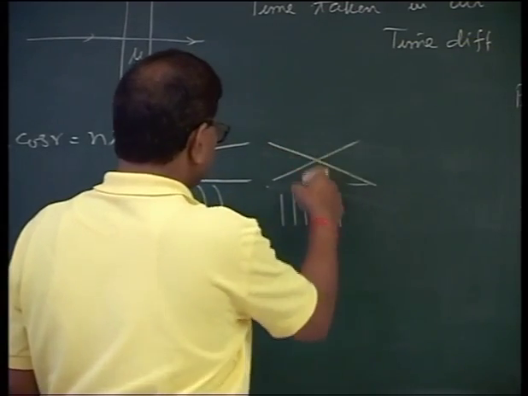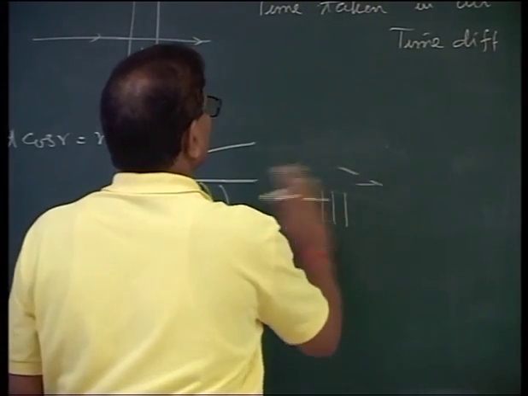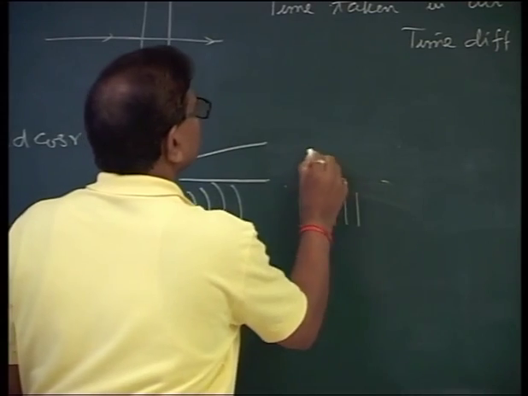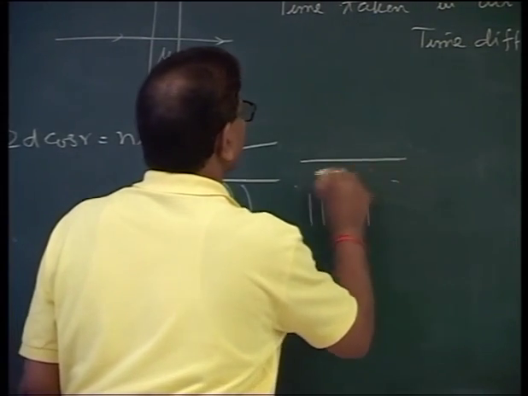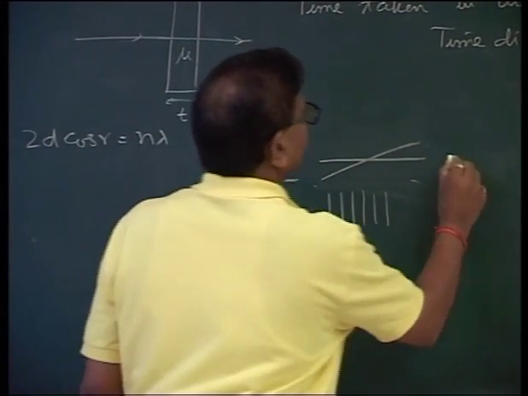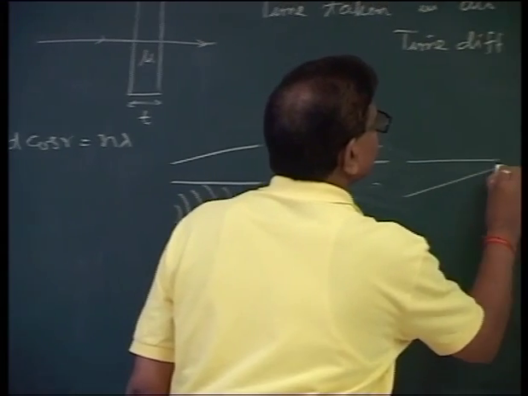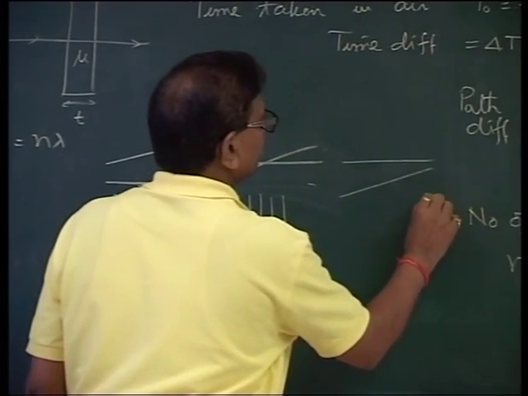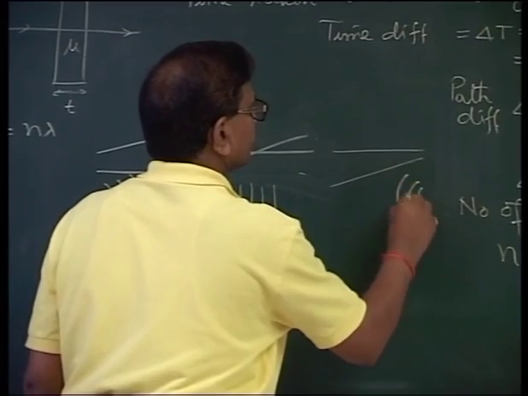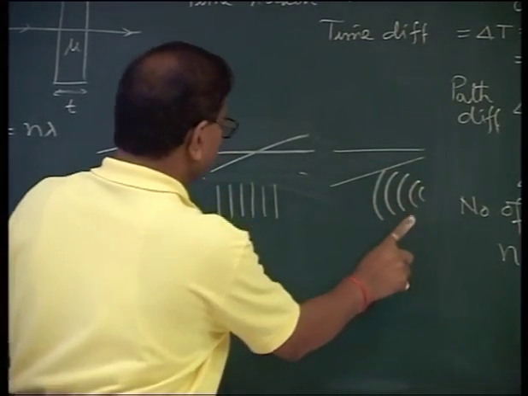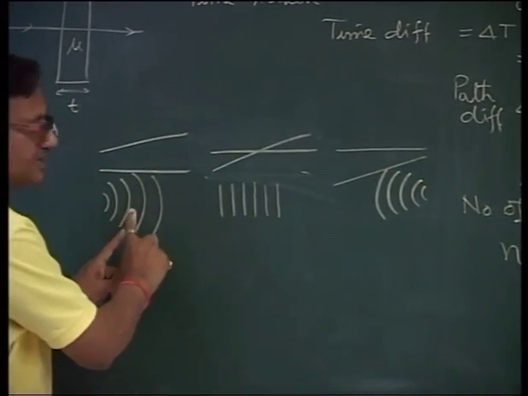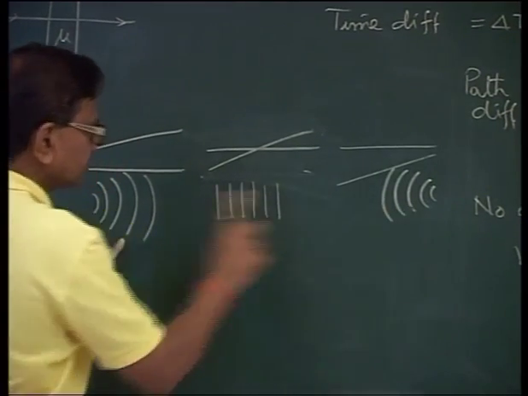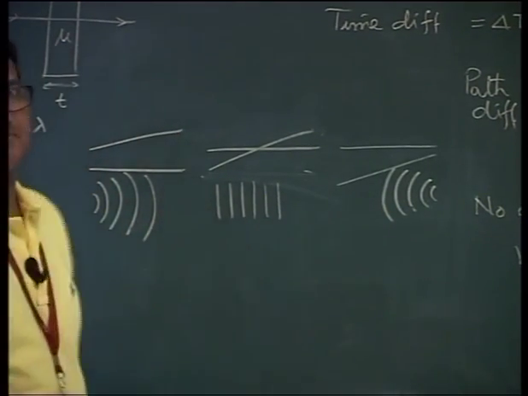If this mirror is coming down, I am sorry, I have located it wrong. This is this and this. And if this happens, then the ring pattern will become like this. So it is possible, by selecting the pattern between this and this, to get a straight line pattern.